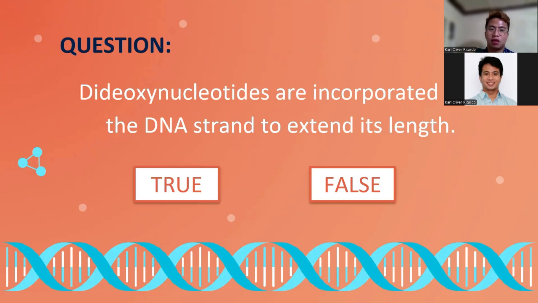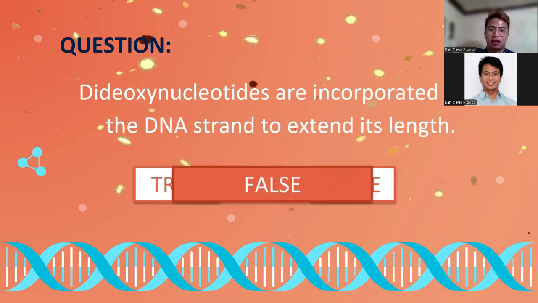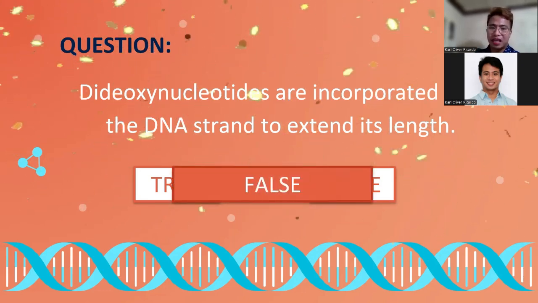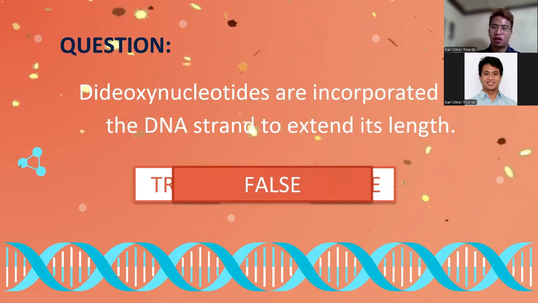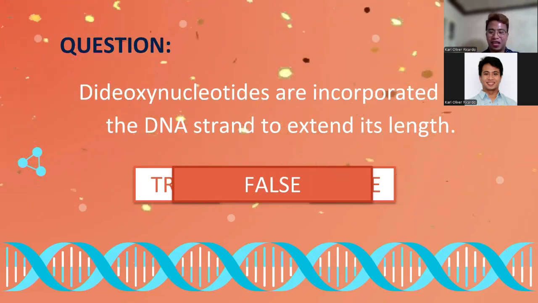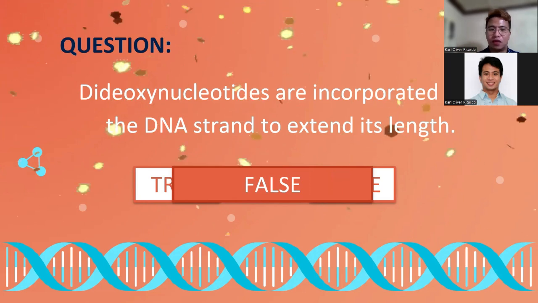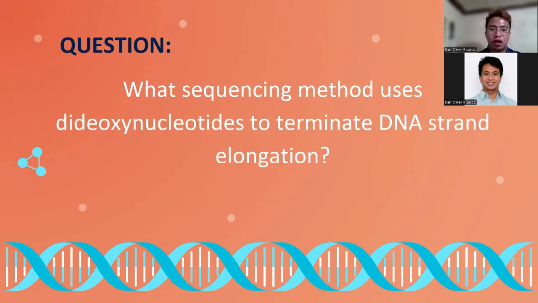Next question. So dideoxynucleotides are incorporated into the DNA strand to extend its length. Is it true or false? Mag-extend pa ba? The correct answer is false, di ba? Kasi nga i-stop niya na. So therefore, hindi na mag-extend yung length kasi nga makakat na doon. Okay? So another question. So what sequencing method uses dideoxynucleotides to terminate DNA strand elongation?